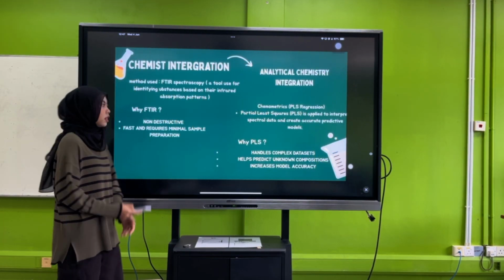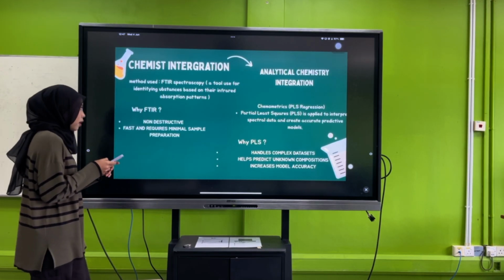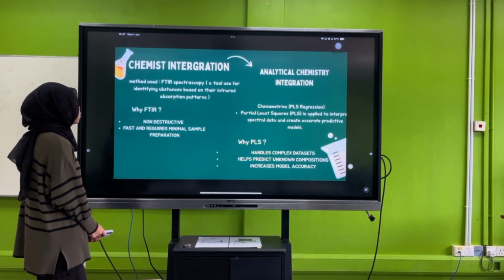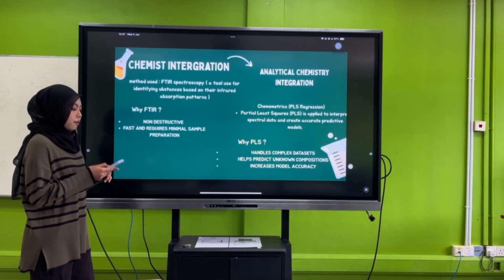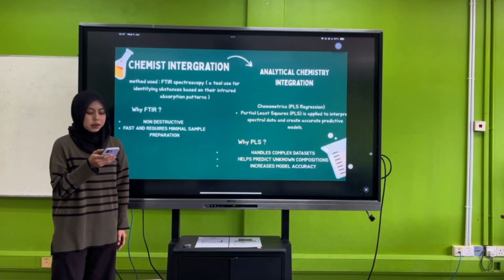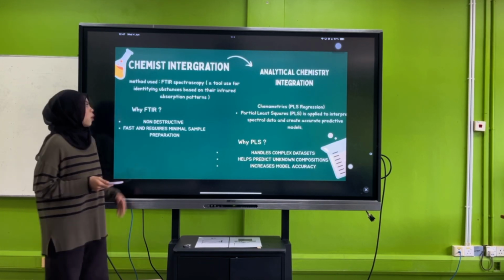Now let's move on to the integration of analytical chemistry and organic chemistry. With FTIR spectroscopy, we identify substances through infrared absorption. We use the lipid extract because it carries a fingerprint-like texture that differs slightly between beef and dog meat. Why FTIR?